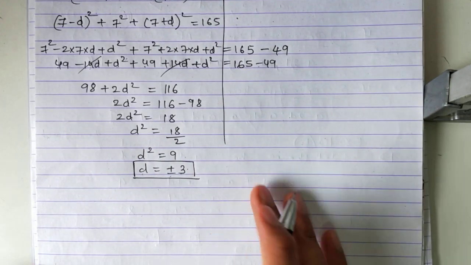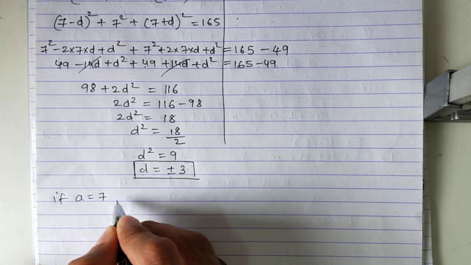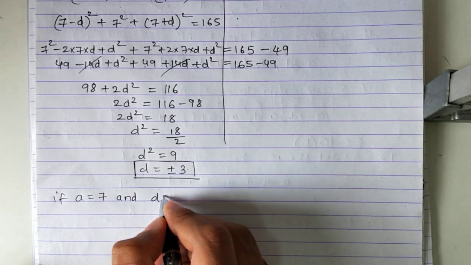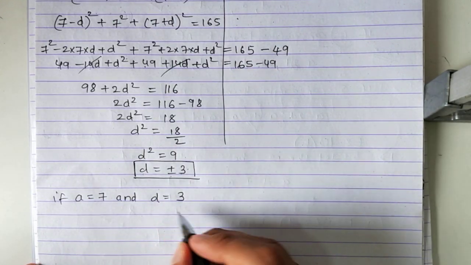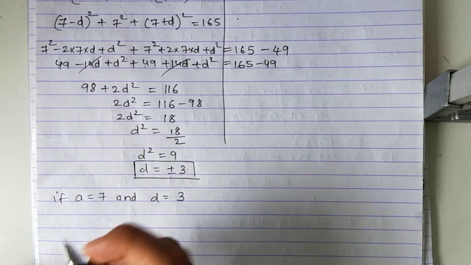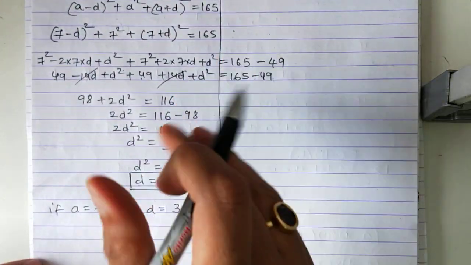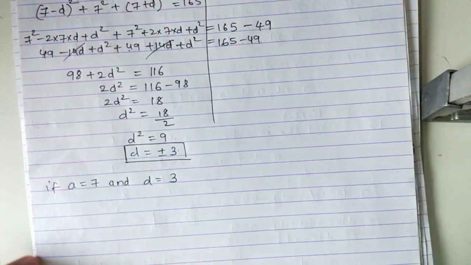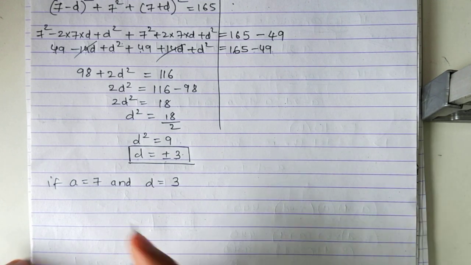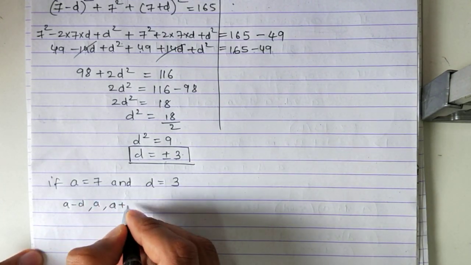So see, if a is equal to 7 and d is plus 3, if I take plus 3, so my 3 terms will be, the 3 terms that we took, what did we take? a minus d, a and a plus d.